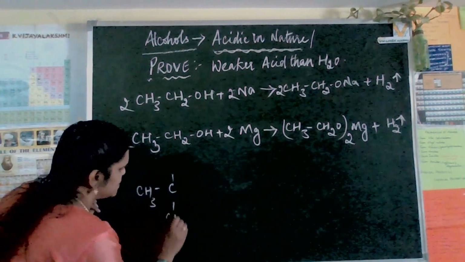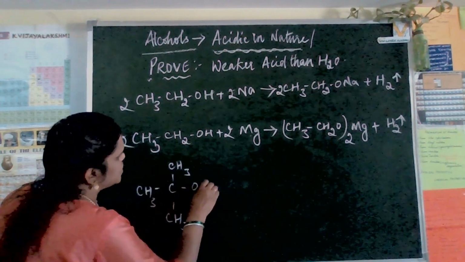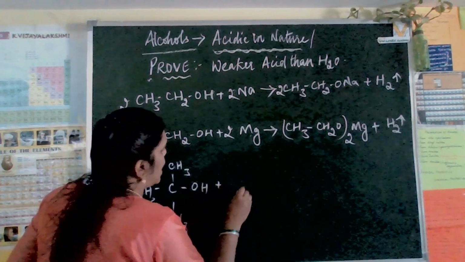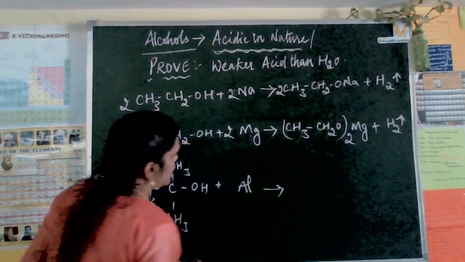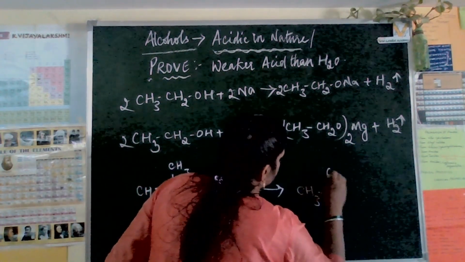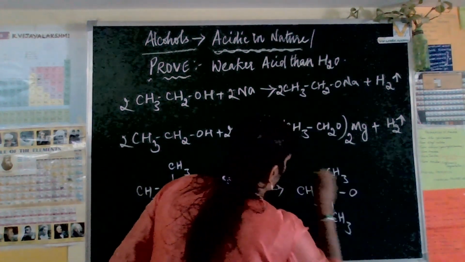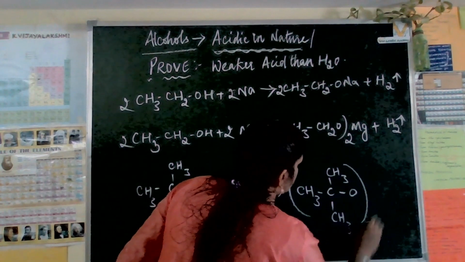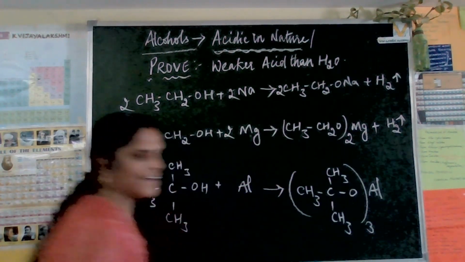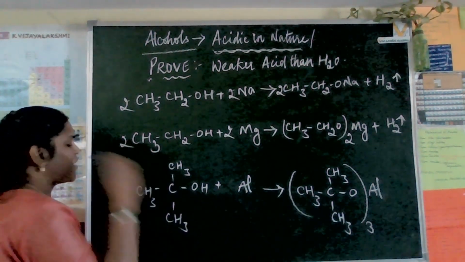(CH3)3C-OH combined with aluminium gives (CH3)3CO thrice Al. You know why? Because you have to check the valency.